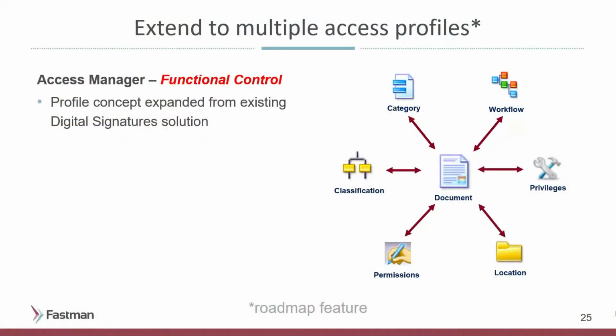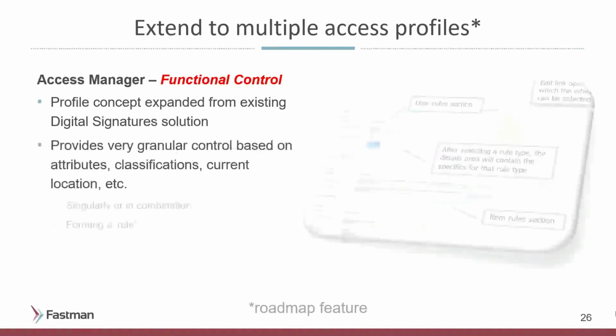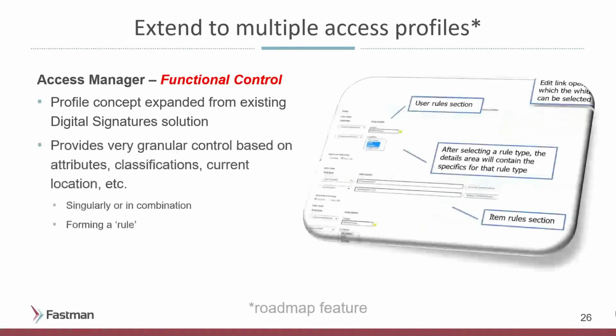So that's coming very shortly in Access Manager, and we find it very exciting because it means that you're going to be able to set up multiple profiles, and of course, if you base those on things like categories or attributes or group memberships, you're going to be able to bring that into play through a business automation or process or workflow and turn access on or off very, very simply, rather than having to write workflows and change permissions.